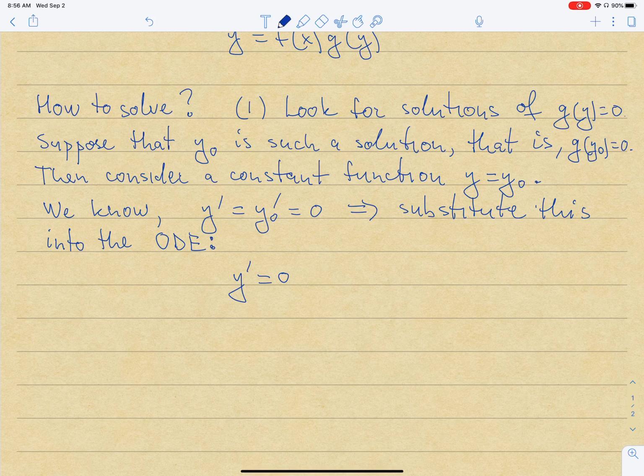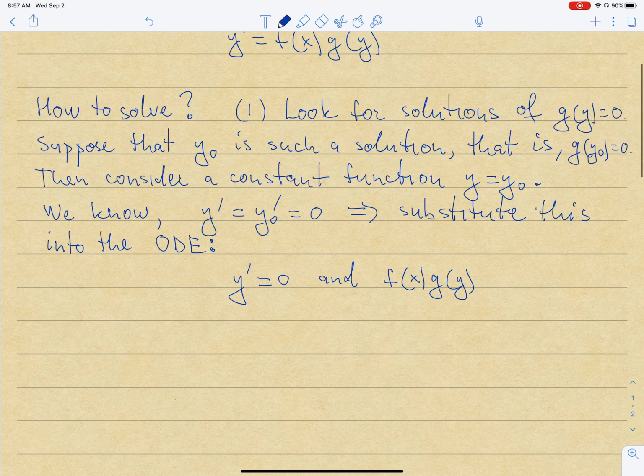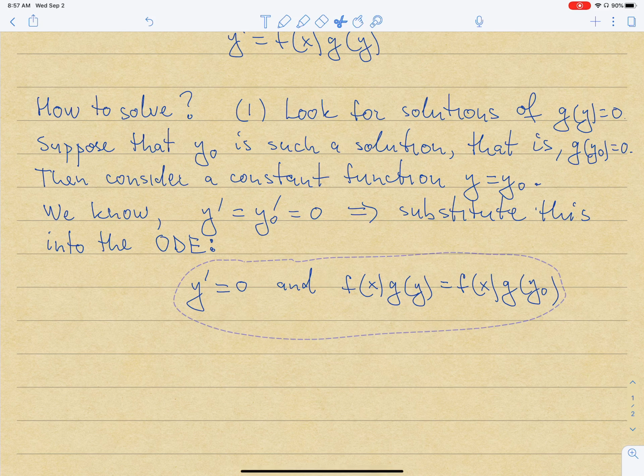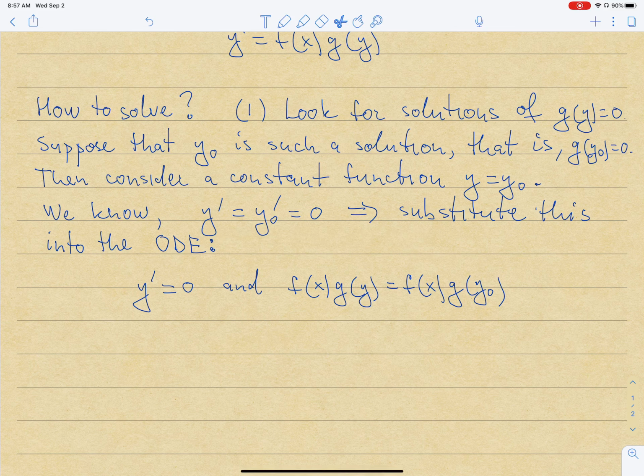But on the other hand, let me write it like this. If I take f of x times g of this particular y, then this is f of x g of y0, right? Because we assume that y is identically equal to y0. And g of y0, of course, is 0. So the outcome is 0 regardless of what x is, right?